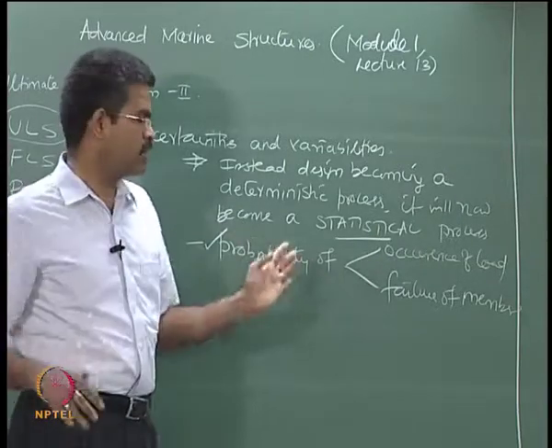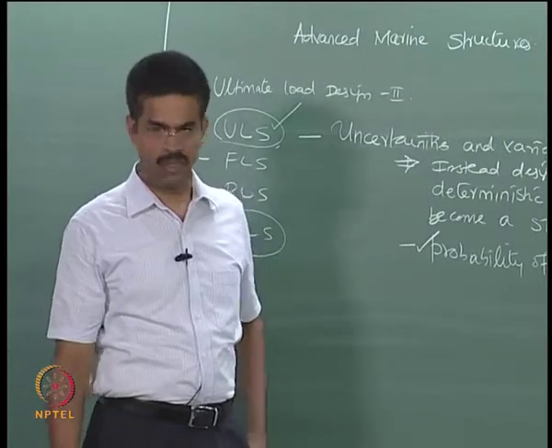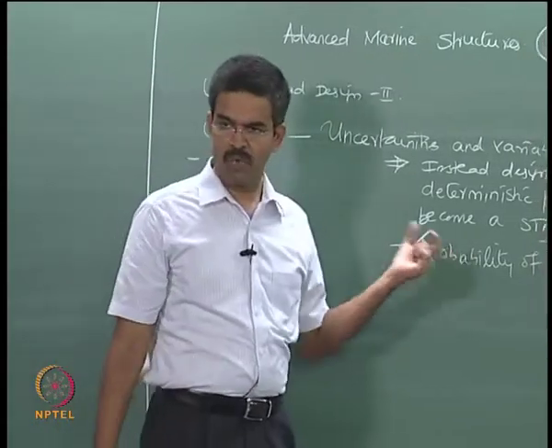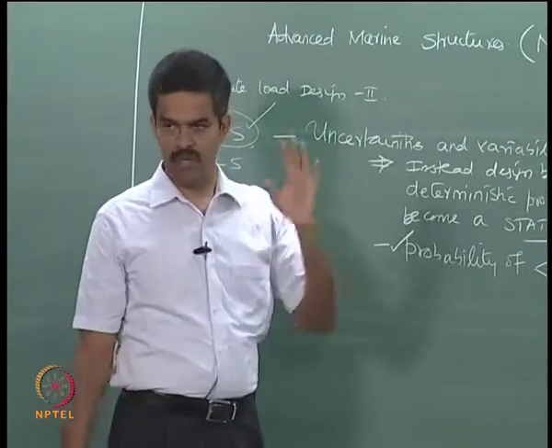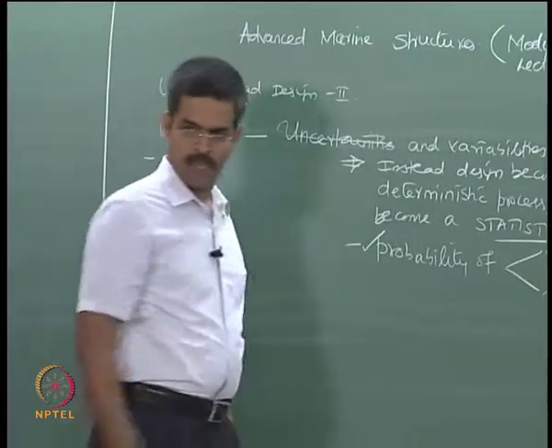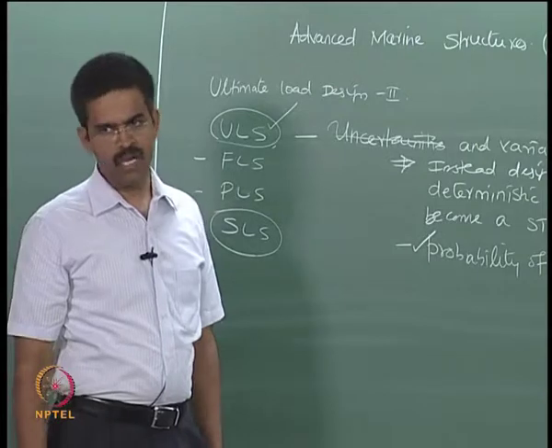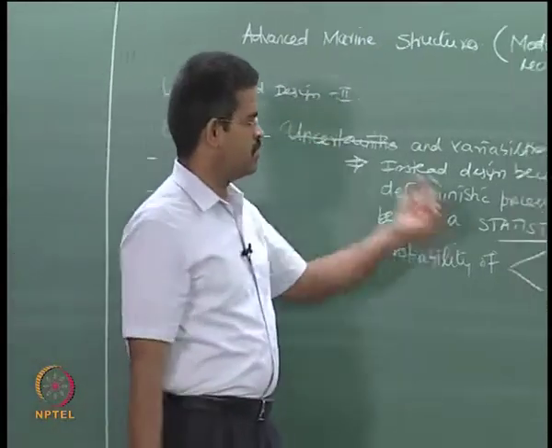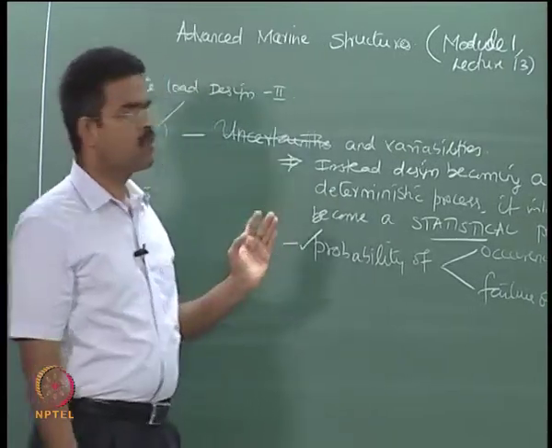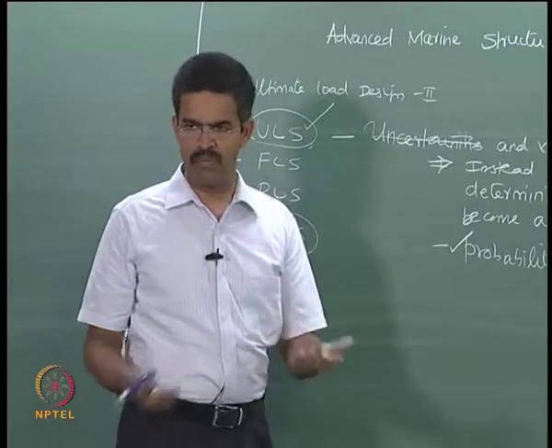Let me calculate them accurately, let me have a high degree of accuracy in my design. Obviously, to have a high degree of accuracy, I must eliminate the uncertainties. If I am able to eliminate the uncertainties, my design process will become completely deterministic.